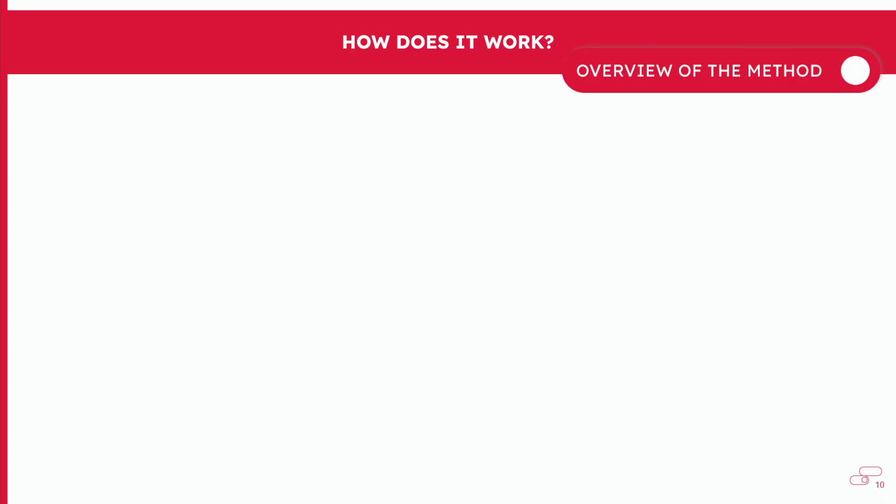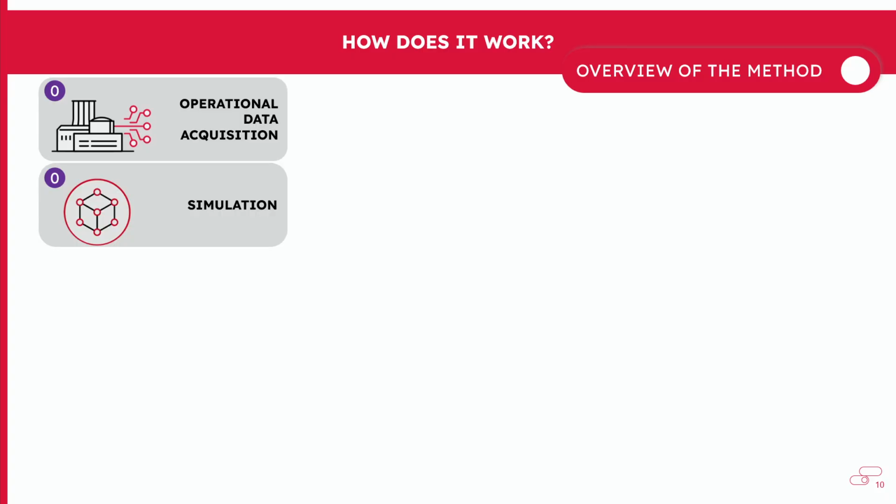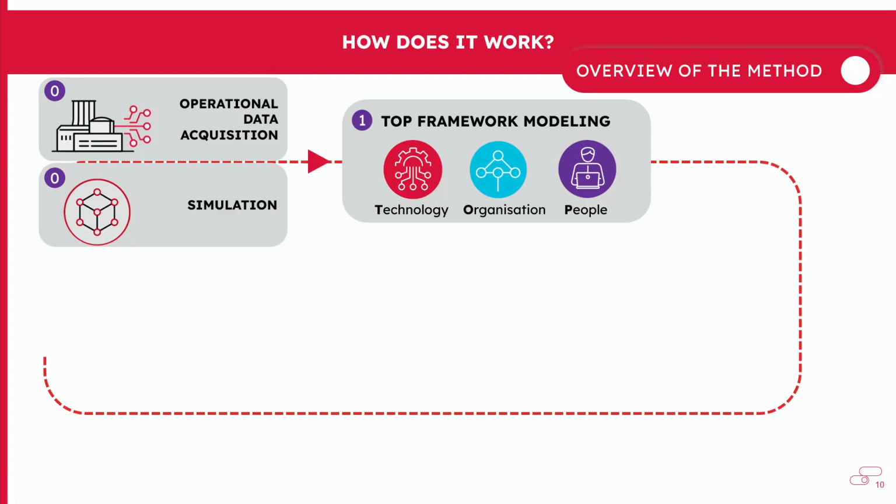So we just saw that this data can come from operational field data. It could come also from simulation data. So how does it work? From these two sources, we have the operational data, either acquisition or coming from simulation. We want to use this framework called TOP, for technology, organization, and people.